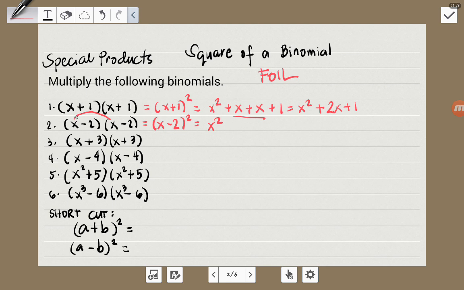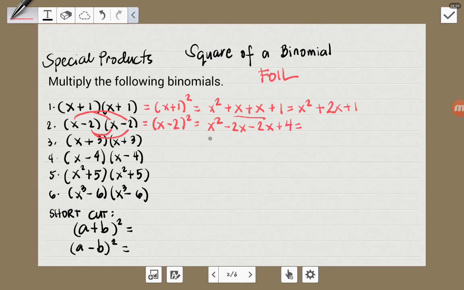Outer term, x times negative 2, that's negative 2x. Inner term, negative 2 times x, it's negative 2x again. And last term, negative 2 times negative 2, you have positive 4.